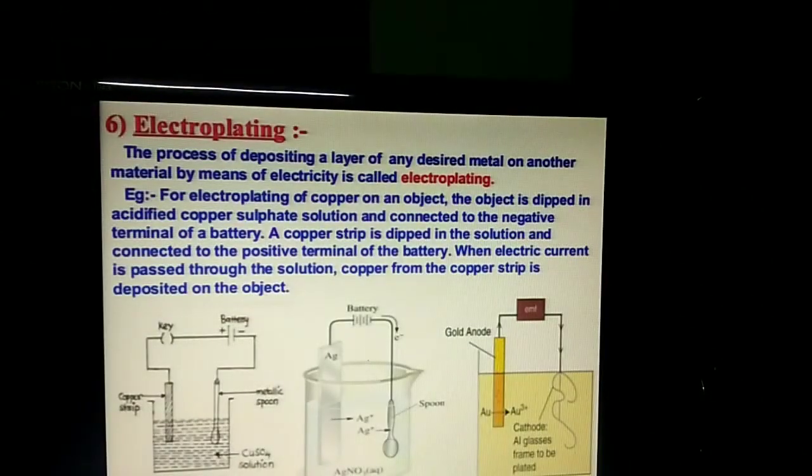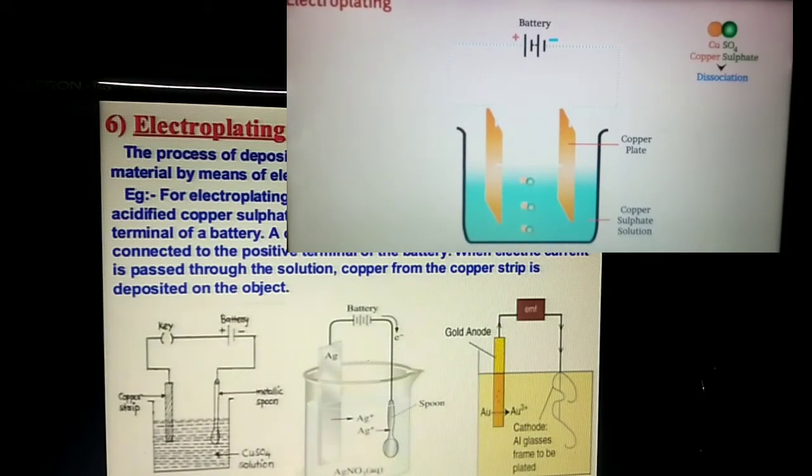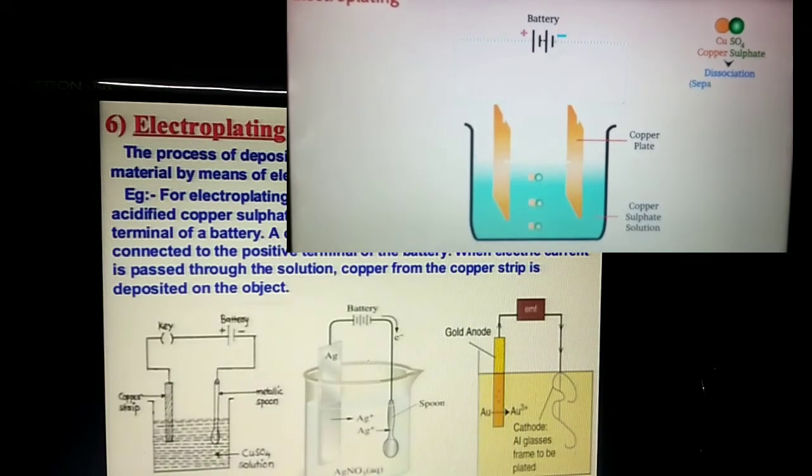Electroplating is done to improve the appearance of metals and for protection against corrosion. For example, electroplating of copper on an object. The object is dipped in acidified copper sulfate solution and connected to the negative terminal of a battery.